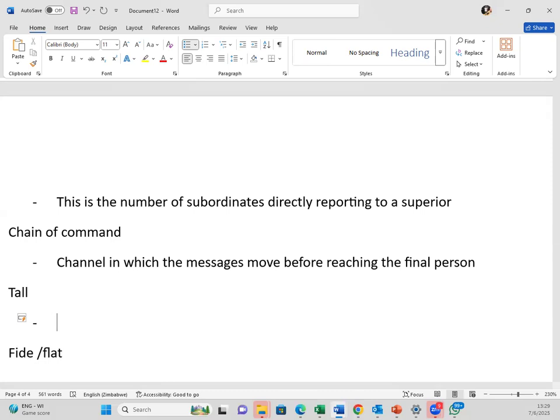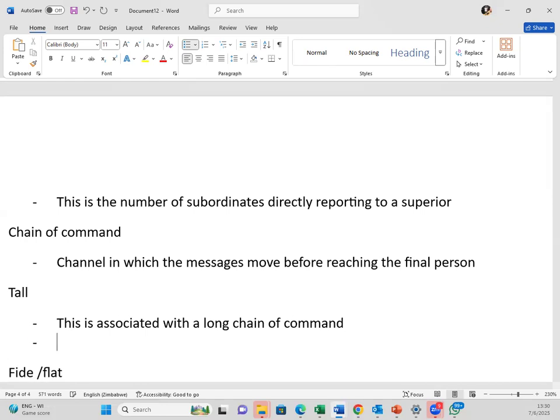We have a lot of managerial levels within the organization. So a tall structure is associated with a long chain of command.